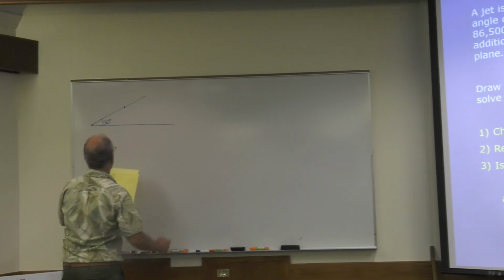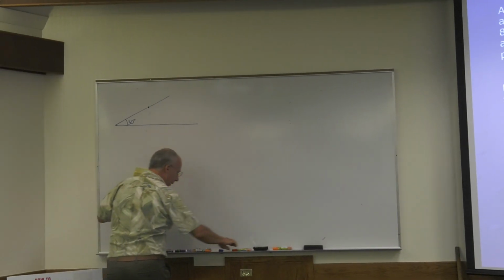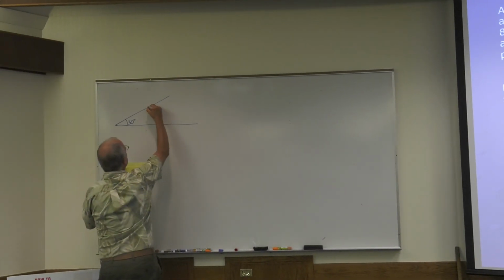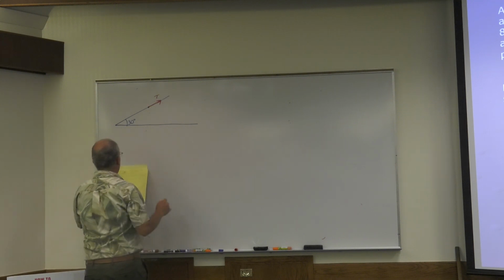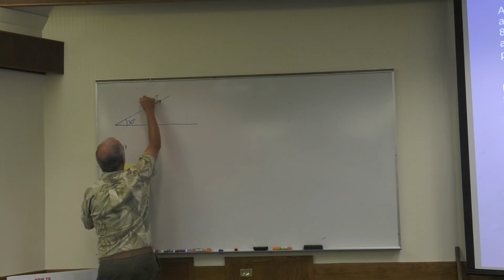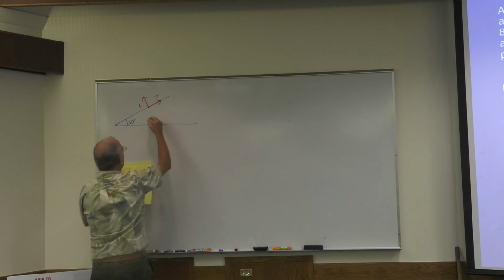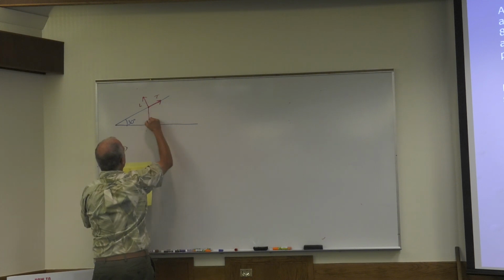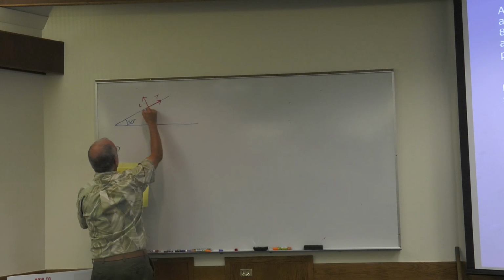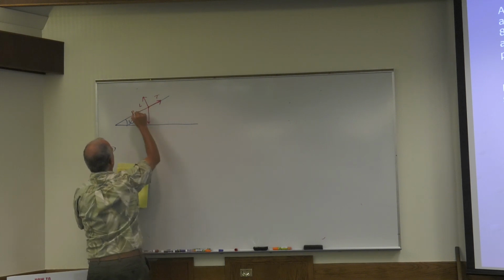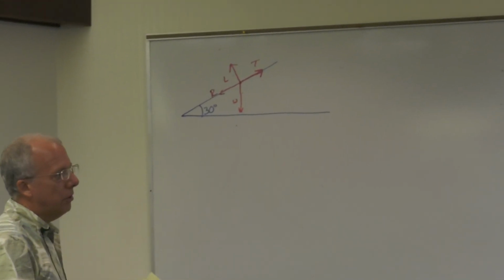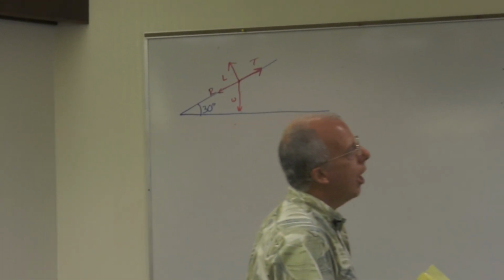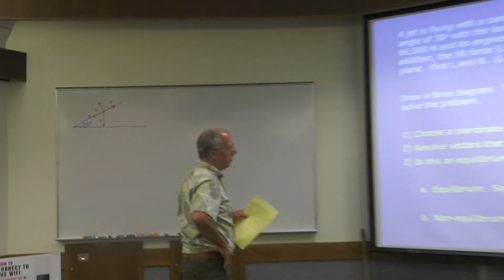And what are the forces on the jet? We had the thrust, the lift, the weight, and the air resistance, the drag. This is a constant speed, straight line, so this is equilibrium, right?